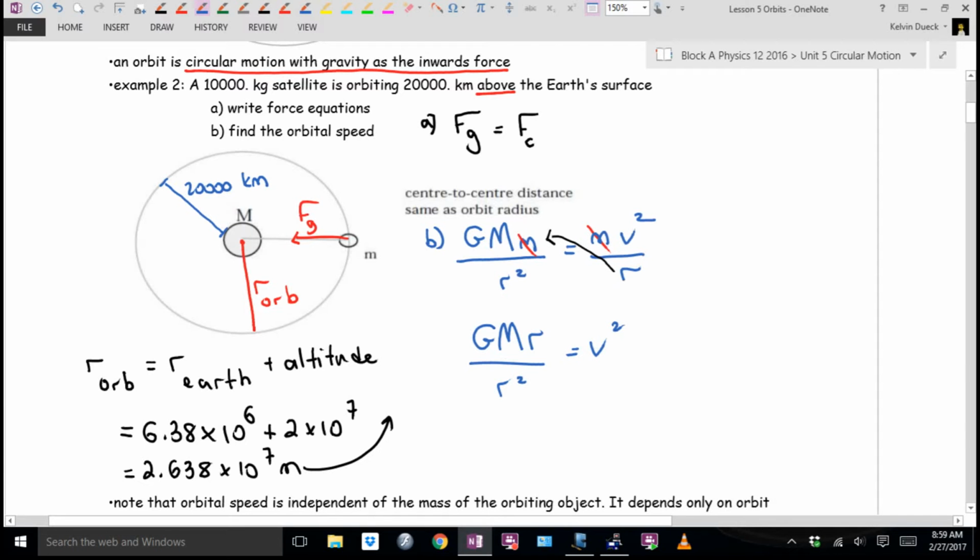Is there an R on the top? Is there an R squared on the bottom? Well, one of the R's cancels. So I'll cross out the R and I'll just cross out the squared. Speaking of squared, I got the V squared by itself. Now what?